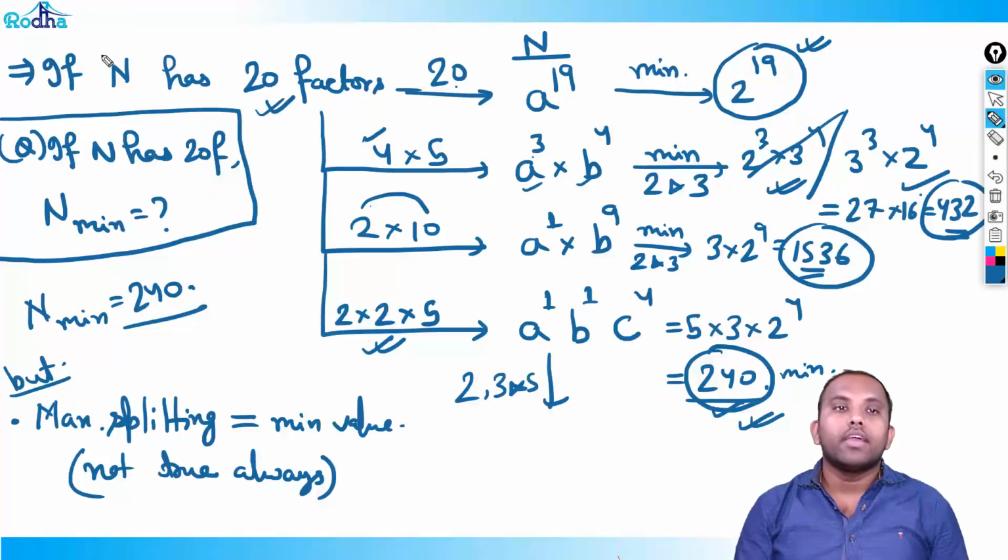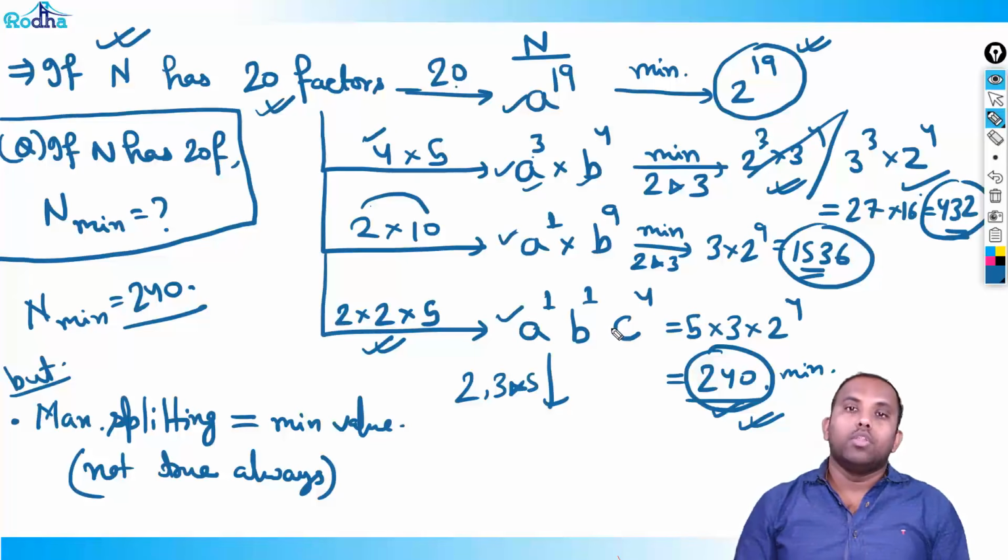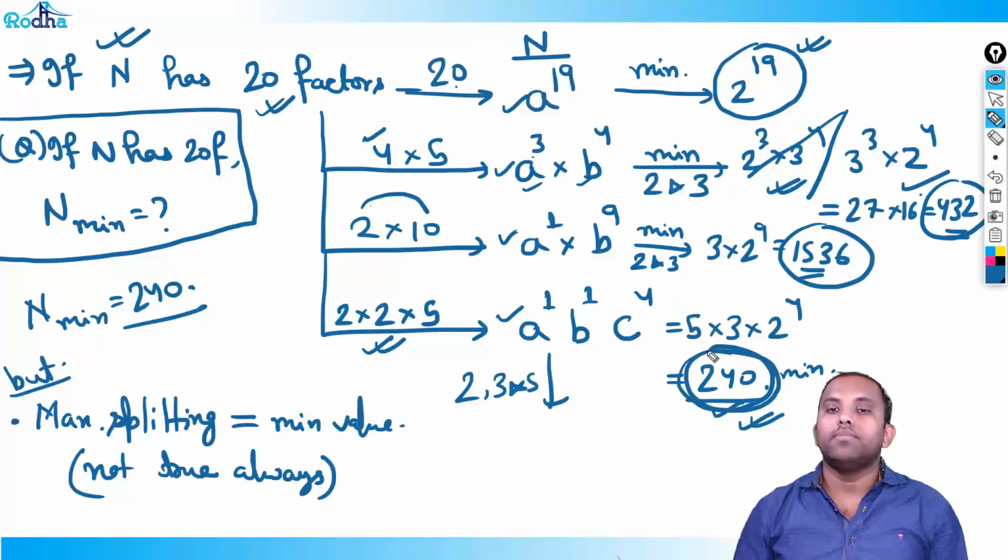What we discussed is that if n has 20 factors, then n can be of these 4 forms: a raised to 19, a cube into b raised to 4, a raised to 1 into b raised to 9, and a b into c raised to 4. If I calculate the minimum value in all the cases, 240 is our minimum value. So 240 is the answer for this question.